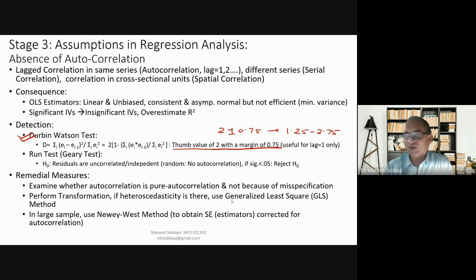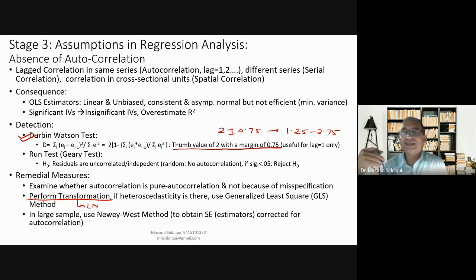Sometimes we take log values, we go for log transformation. In a number of situations, log transformation corrects autocorrelation. Even if the autocorrelation is not corrected, we use some other method, the generalized least square method or the Newey-West method.